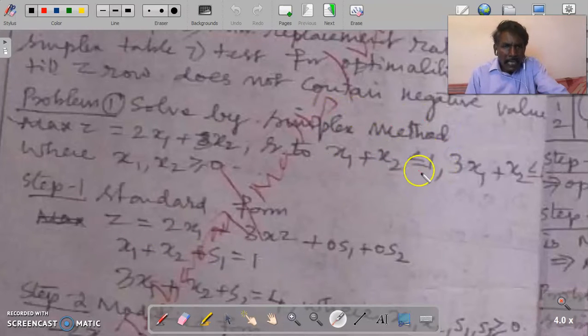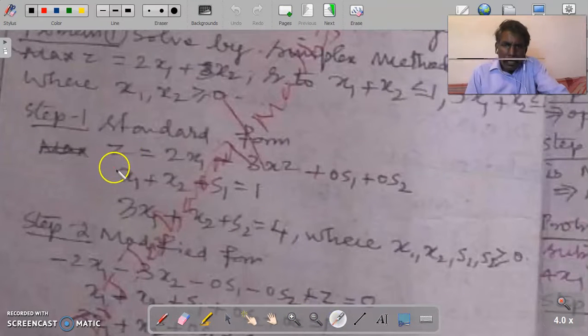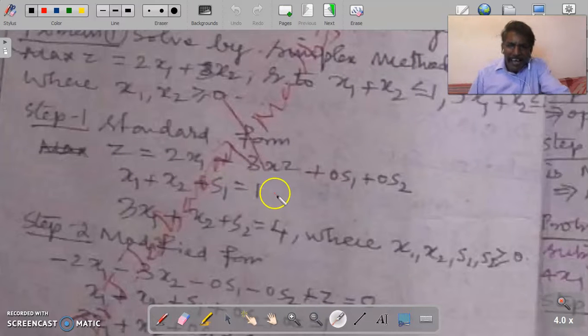Therefore, we have to add a slack variable with these constraints. Similarly, here less than or equal to comes, so another slack variable we have to add. Hereby we are getting these equations. When we add two slack variables, with the first constraint we get this, and with the second constraint we get this. This is the first step in the simplex algorithm.